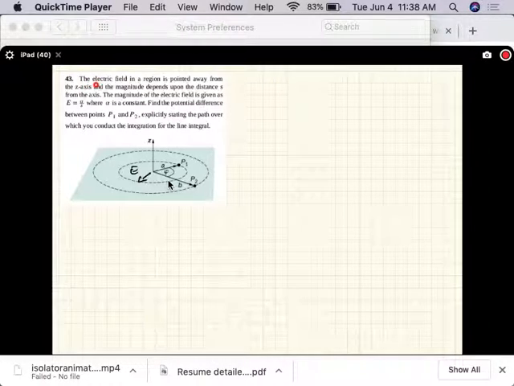Okay, so this problem says the electric field in a region is pointed away from the z-axis. So here's the z-axis, and it points radially away from the z-axis.